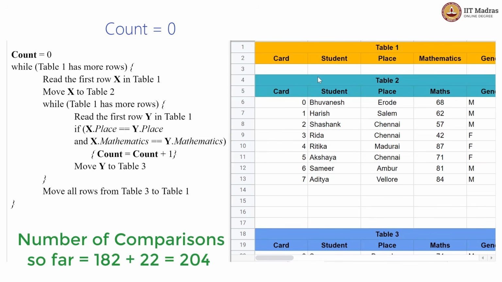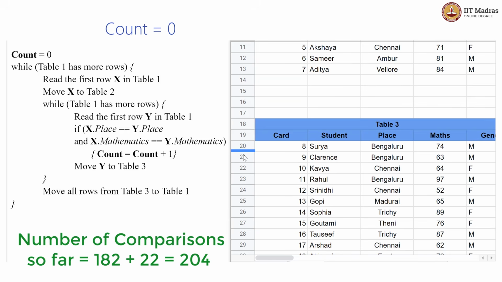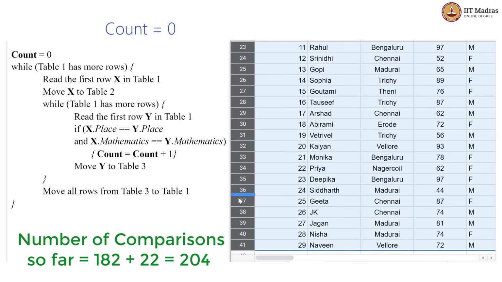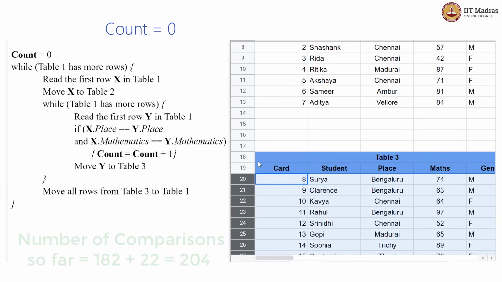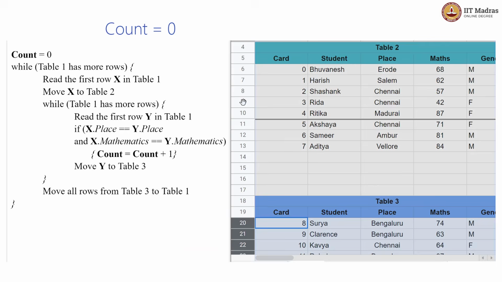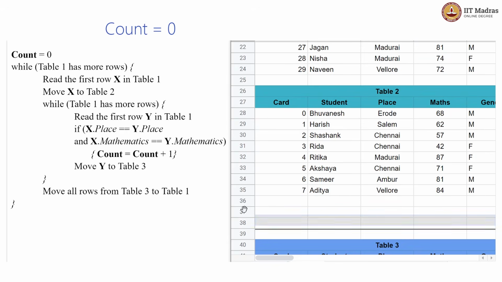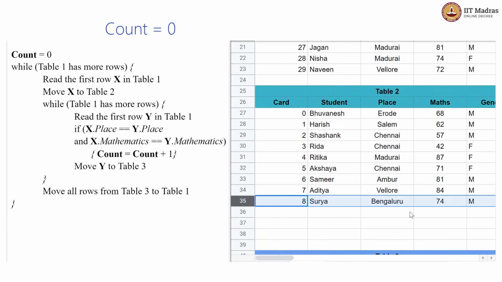And table 1 is empty. So we move back all the table 3 rows to table 1. Now this is our row X. Just take into table 2. Bengaluru 74.